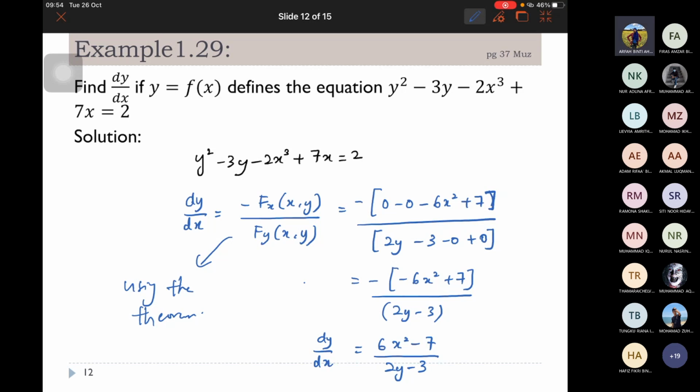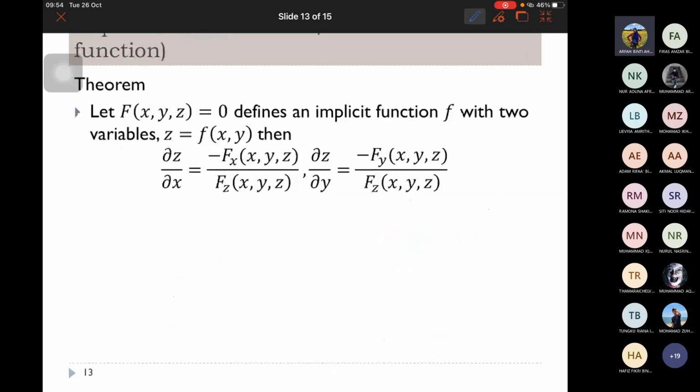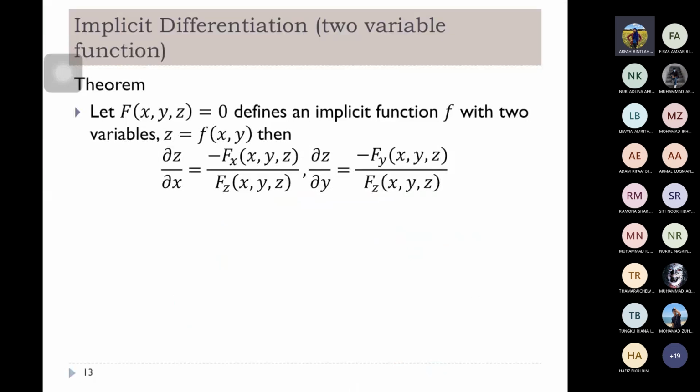So, take a look at the next one. You want to find the partial derivative with respect to a two-variable function.